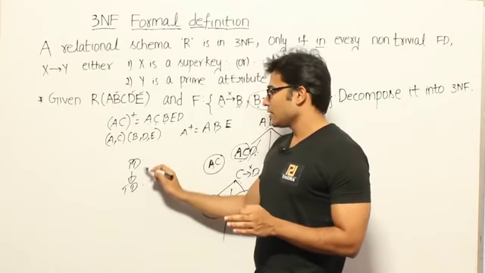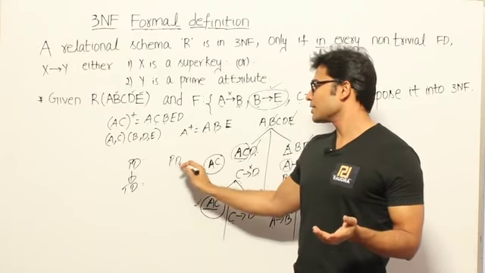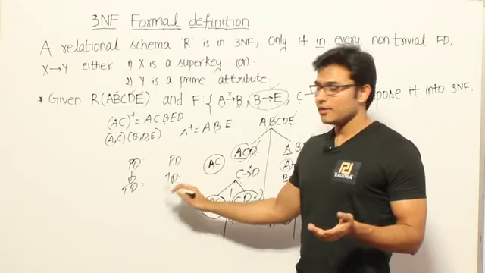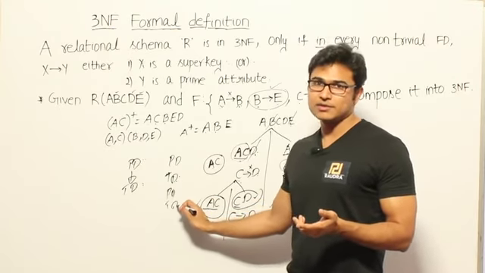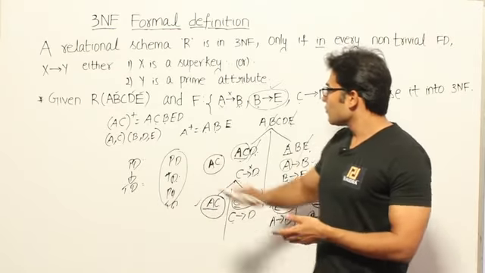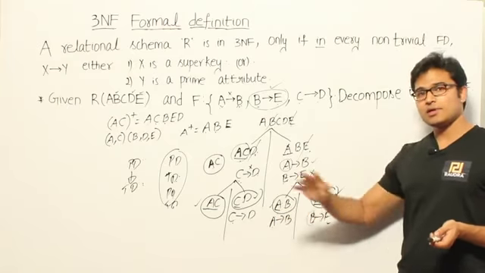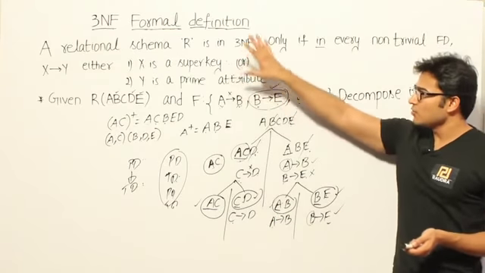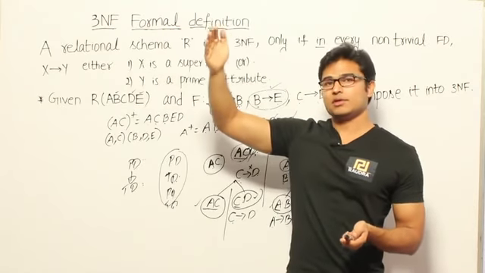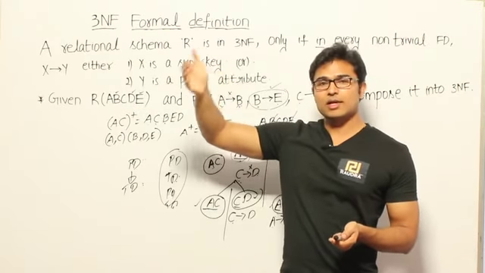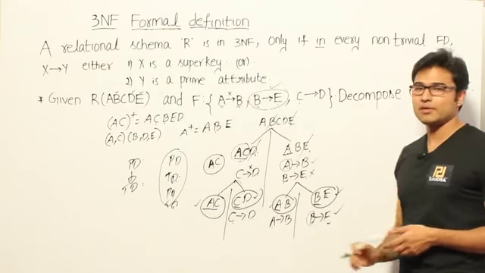You can take the elimination in any order, which means you can eliminate some of the partial dependencies and then some of the transitive dependencies, and again partial dependencies, and again transitive dependencies. Whatever way you do, finally you should see that all the transitive dependencies are eliminated and all the partial dependencies are eliminated. So either you follow this method or you follow the earlier method. So coming to second normal form and then the third normal form, otherwise you use this and get into third normal form. Okay, fine.